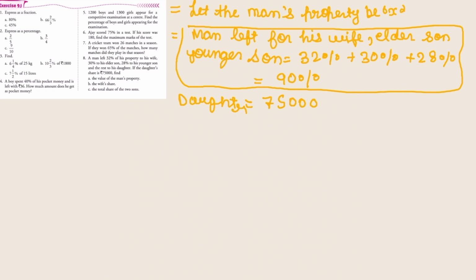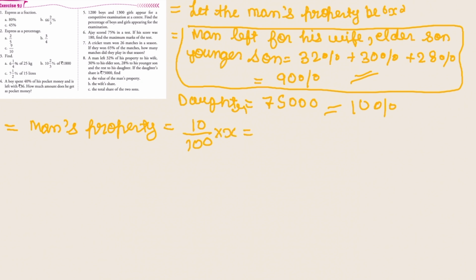So it will be 10% of the total property. 75,000 will be 10% of his property. So now we have to find the man's property, which is 10% of a number. 10% of the man's property is equal to 75,000.